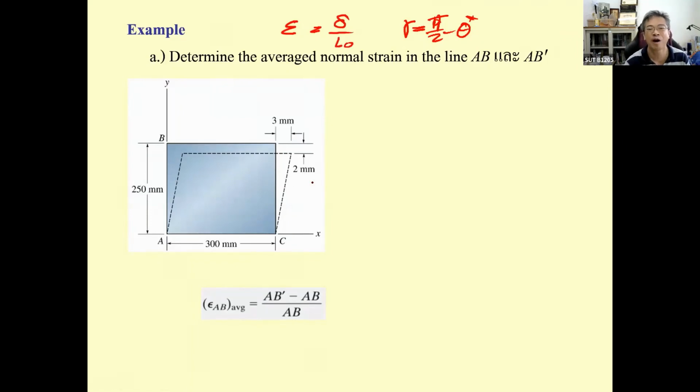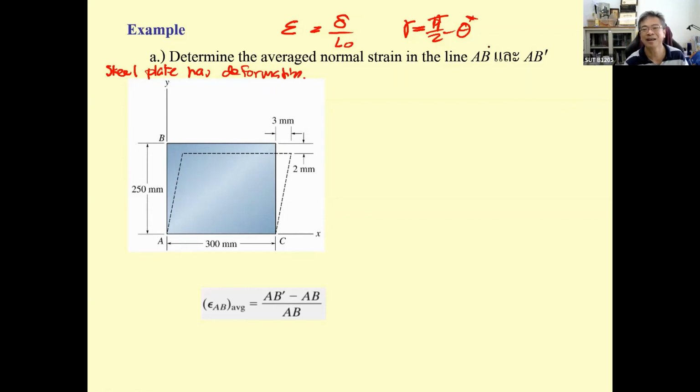Now we consider the steel plate. Under any kind of force, the steel plate has deformation. So the deformation is the dashed line.